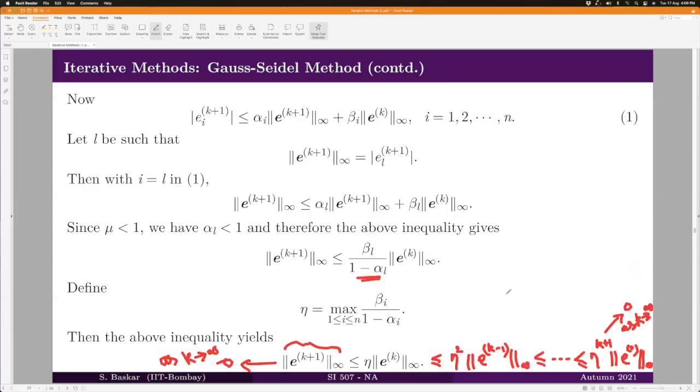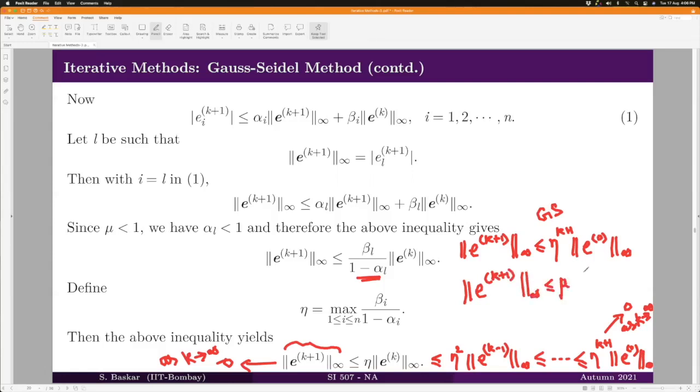If you recall, in the Gauss-Seidel method, what we got is the norm of e^(k+1) in infinity norm is less than or equal to eta to the power k plus 1 into the norm of E0 in infinity norm. Whereas in the Jacobi method, what we got is the norm of e^(k+1) in infinity norm is less than or equal to mu to the power k plus 1 into the norm of E0, where mu is given above.